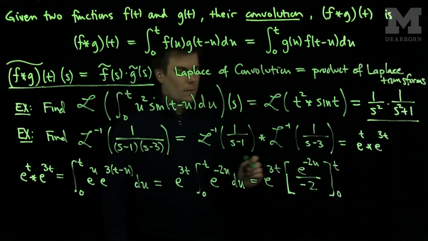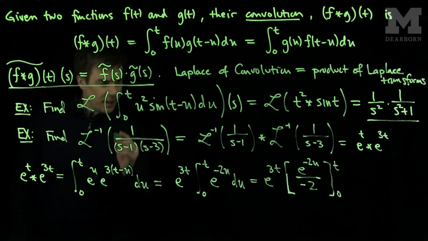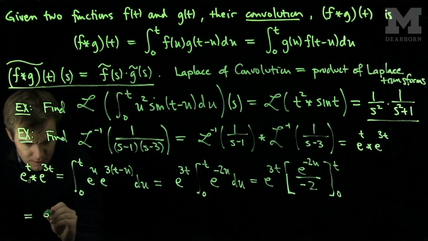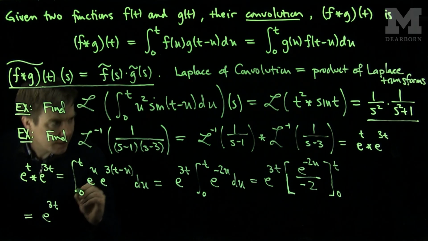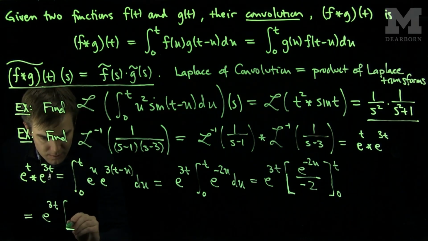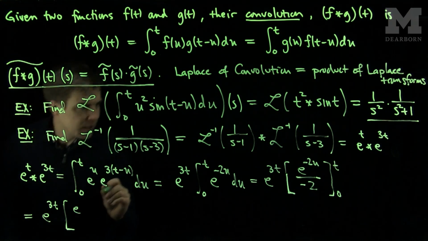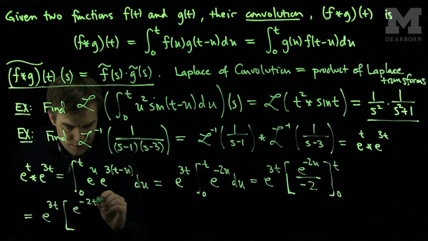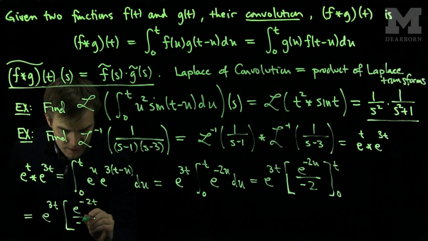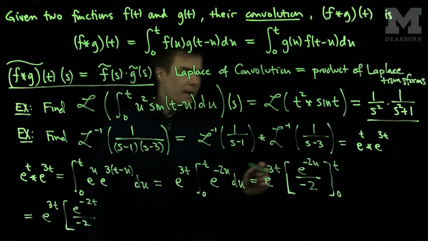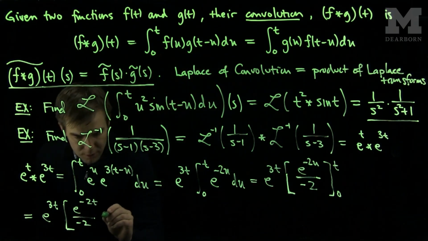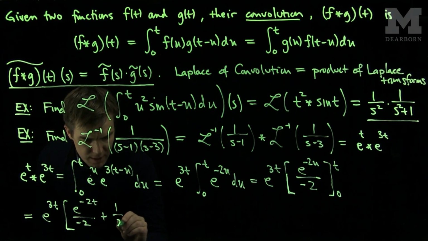Now when I plug in t, I'm going to have e to the 3t times the quantity e to the negative 2t over negative 2. And then I'll have a minus the bottom, which will turn into a plus 1/2.